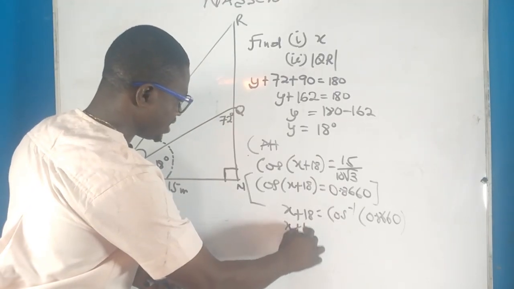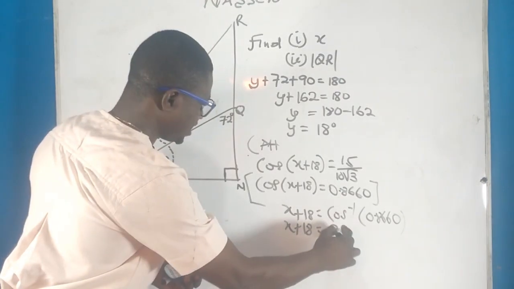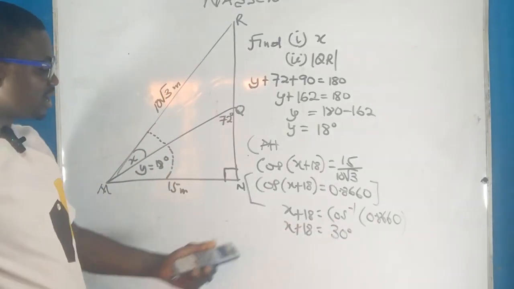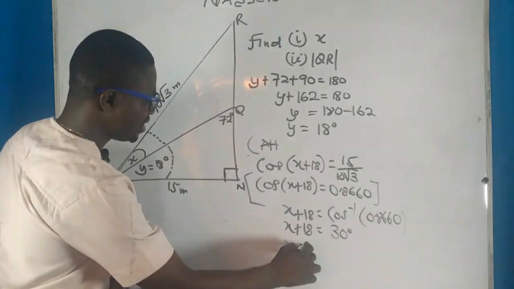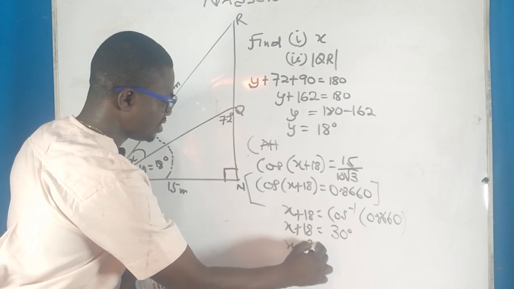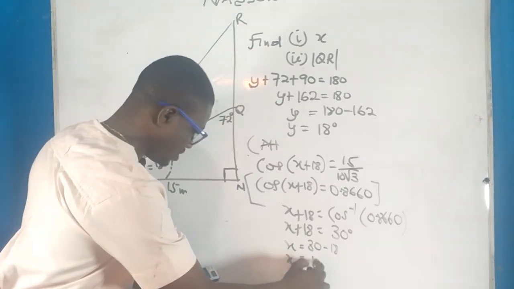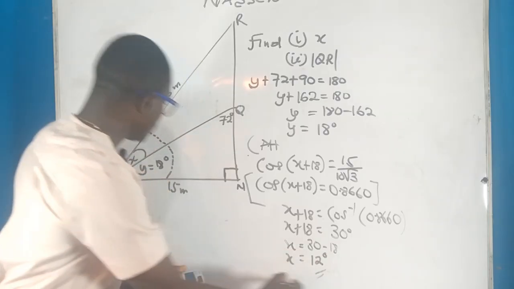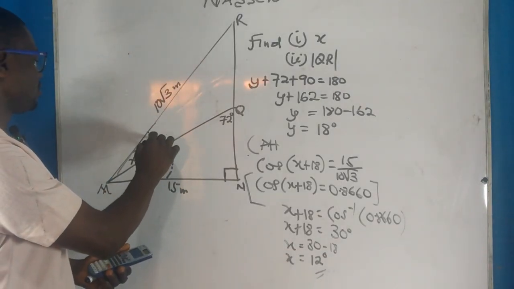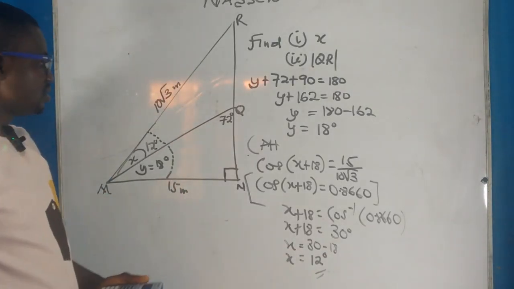So x plus 18 gives you 30 degrees. To get x, simply you make x the subject: 30 minus 18. So our x value is 12. So it means that our x is 12 degrees.